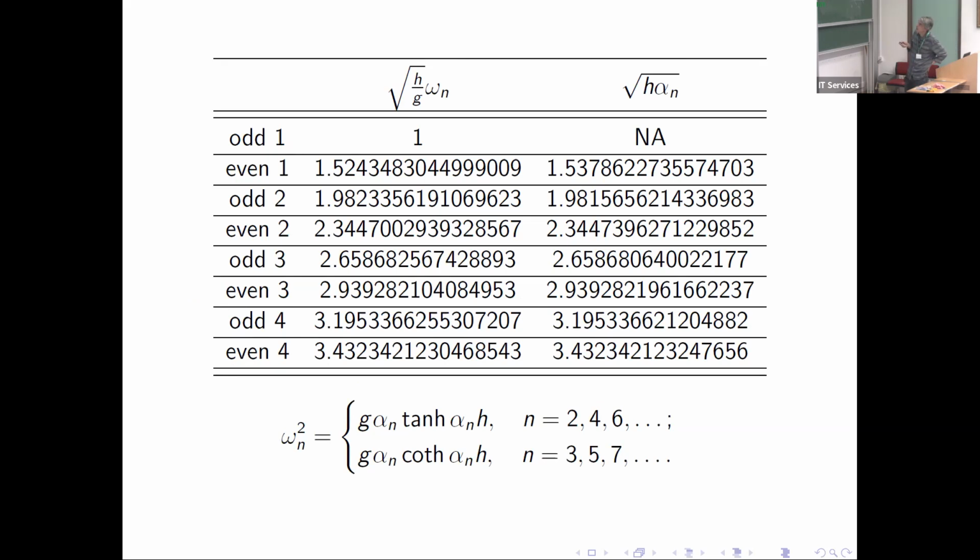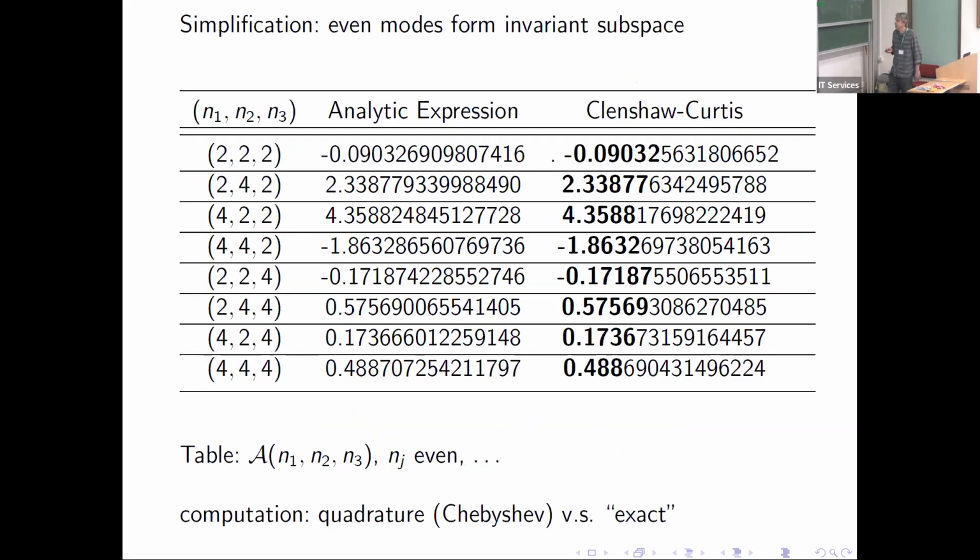Here is the depth again, the gravity constant, and here is the deep water limit. Here's the dispersion relation, a little different from the usual one, which is just the hyperbolic tangent. But these two factors become one very quickly, and we're left with a square root. You see how quickly the first, second, third modes are very close to the deep water limit.